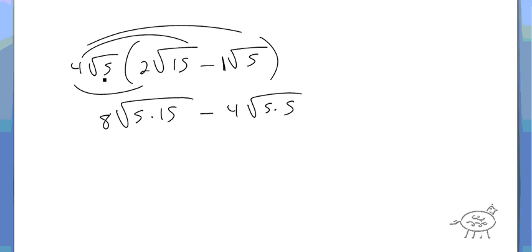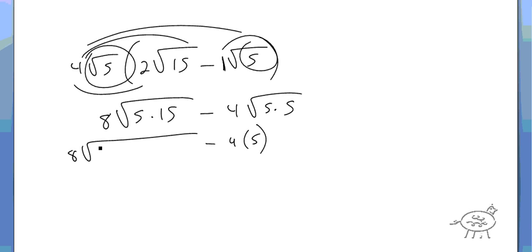But 4 times 2 is 8 root, and I'm going to write it this way. So it's 8 times root 5 times 15 minus, and then 4 times 1 is 4, and that's root 5 and root 5. Or you could just say, oh, look at that, I got a root 5 and root 5, that's just 5. Okay, you could have done that.